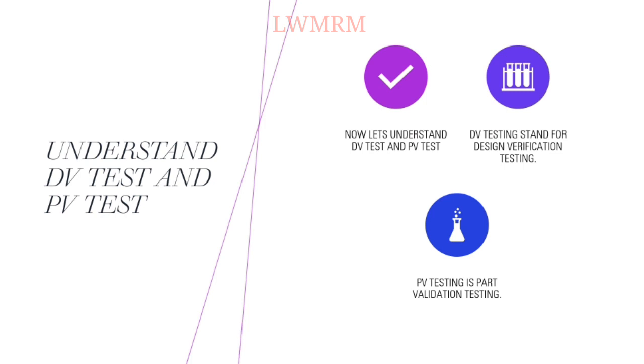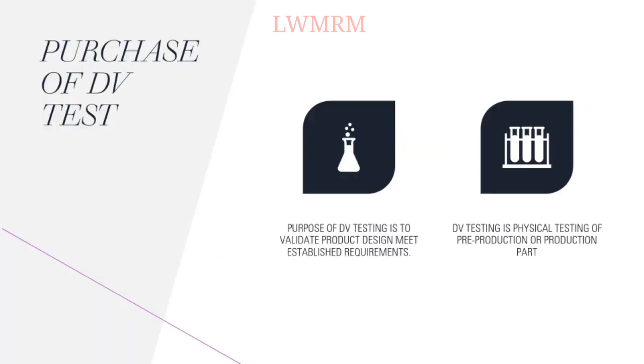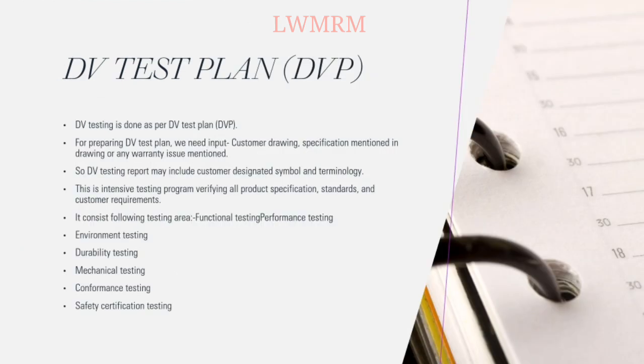DVP stands for design verification testing, while PV stands for part validation testing. The purpose of design verification testing is to validate that the product design meets established requirements. Design verification testing is physical testing of pre-production or production parts. It is done as per the Design Verification Test Plan, DVP. For preparing the design verification test plan, we need inputs: customer drawing, specifications mentioned in the drawing, or any warranty issue mentioned.